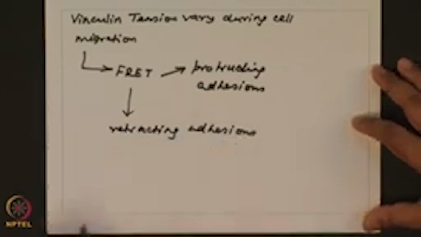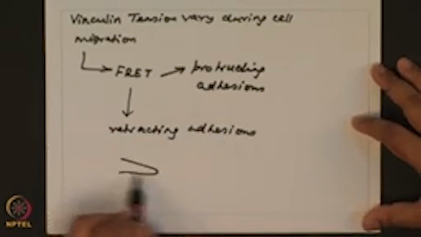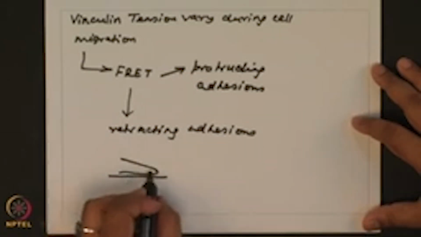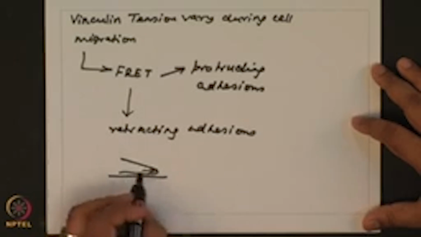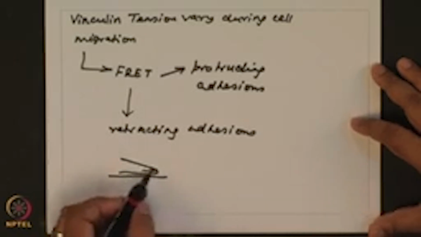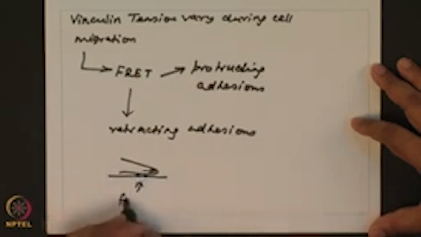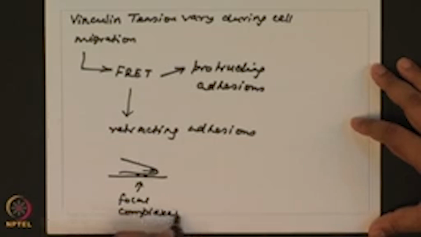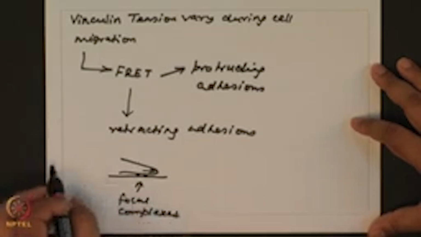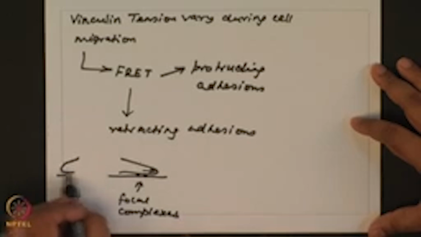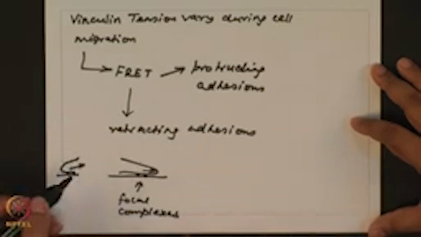As you recall from the molecular clutch, after the cell exerts actin-dependent protrusion forces, focal complexes form at the leading edge. Similarly, at the trailing edge you have adhesions which break because of contractile forces at the rear.